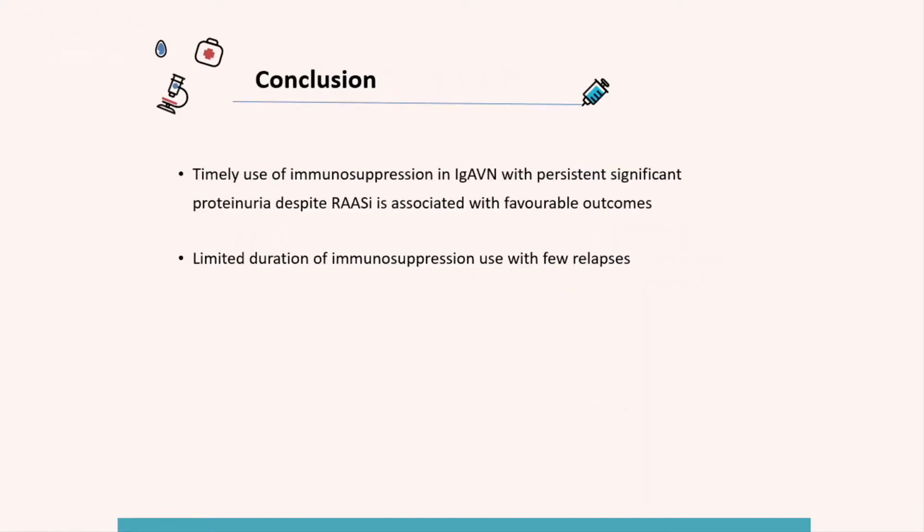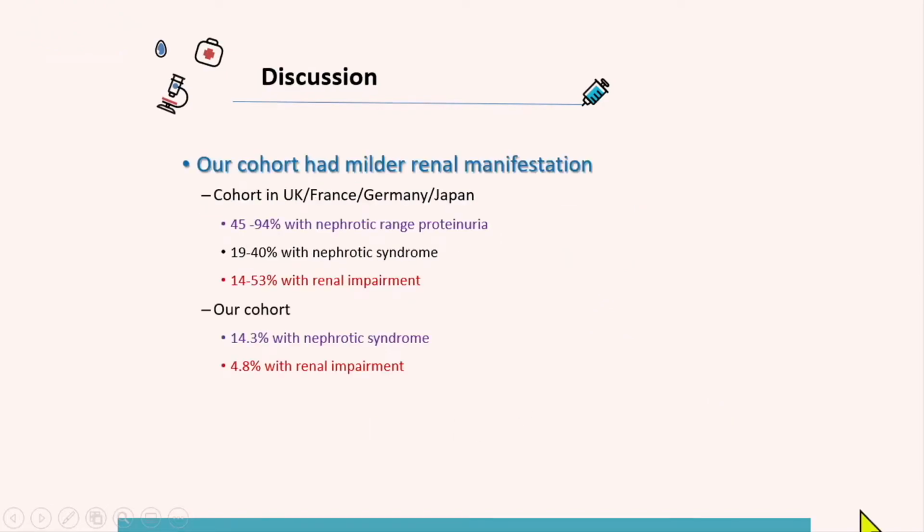So our conclusion at that time was that timely use of immunosuppression in IgAVN with more severe complications is associated with favorable outcomes. And there's a limited duration of immunosuppression we have to use. So in our cohort study, we only had to use around 1 year. After that, we also had discussion comparing our results with cohorts from other countries, including the UK, Japan, and a few others.